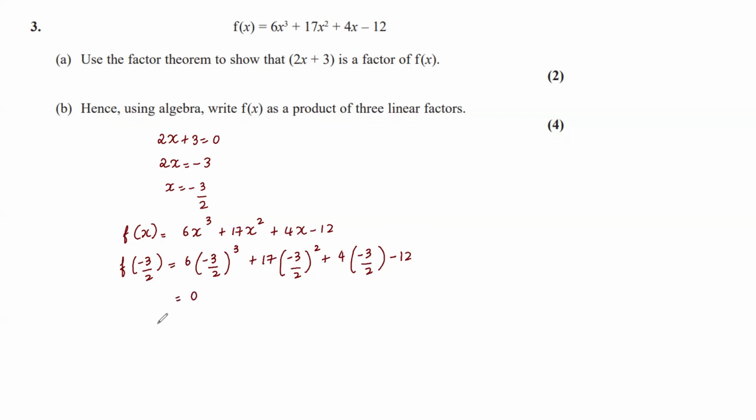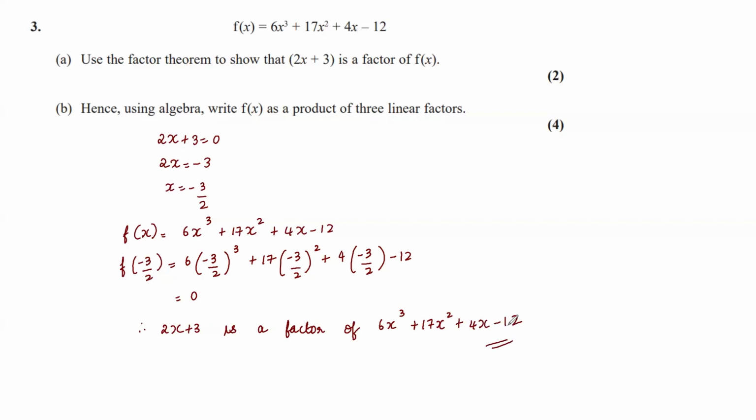This is equal to 0. Therefore, 2x plus 3 is a factor of 6x cubed plus 17x squared plus 4x minus 12.